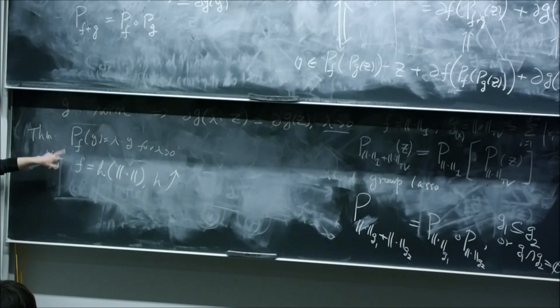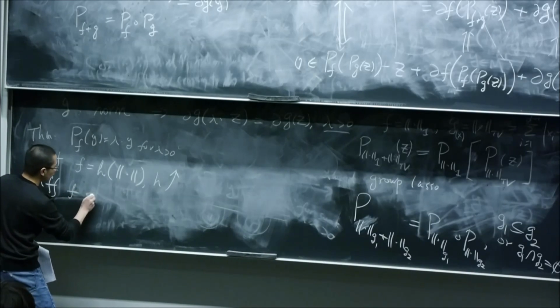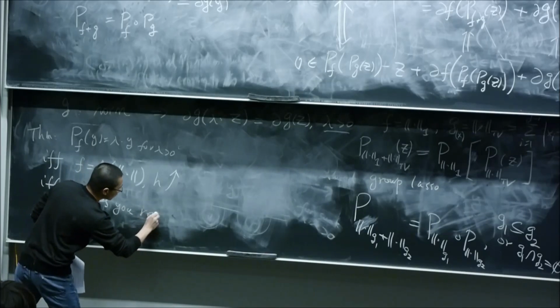Quite unexpected is that this also gives you a characterization of what kind of regularizer will give you the representer theorem. So this if and only if f gives you the representer theorem.